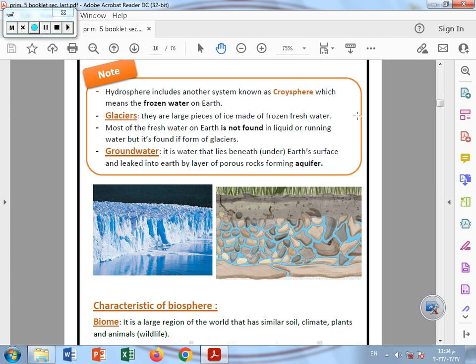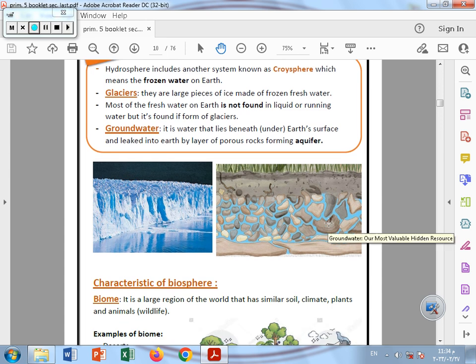And most of the fresh water on the earth is not found in the liquid state, but it's found in the solid state. So most of the fresh water on the earth is found in the form of glaciers. And we said we have a different type of water, which is the groundwater, that lies under the earth like this, between the pores of rocks. That's the groundwater. That's all about the hydrosphere.